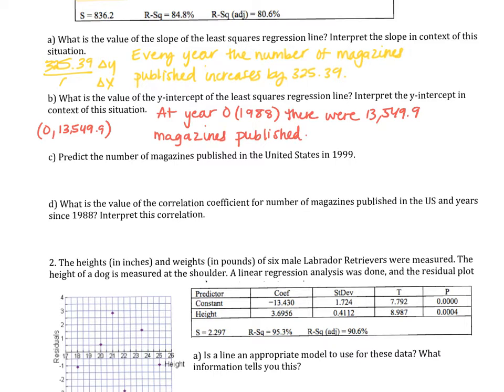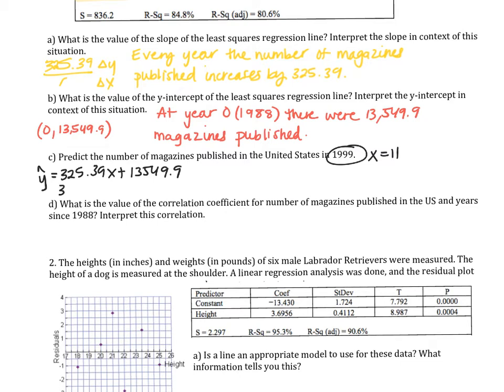Predict the number of magazines published in the United States since 1999. Our equation for the line of best fit is y hat equals 325.39x plus 13,549.9. Since 1999 is 11 years, x would equal 11.